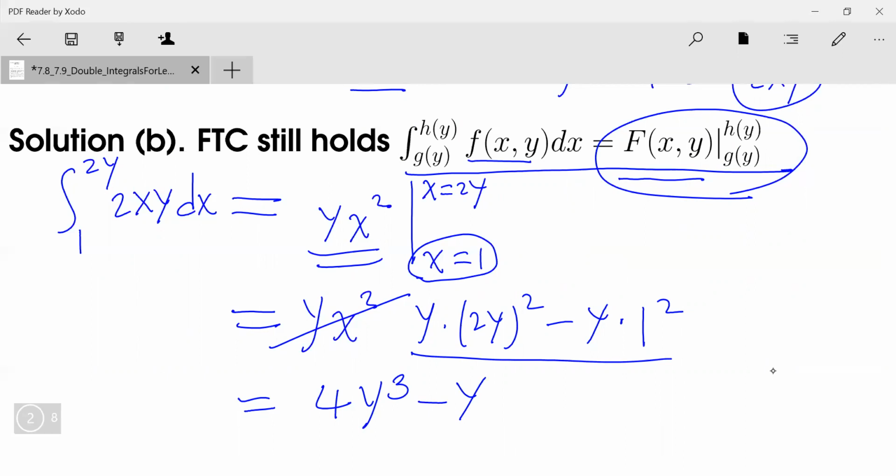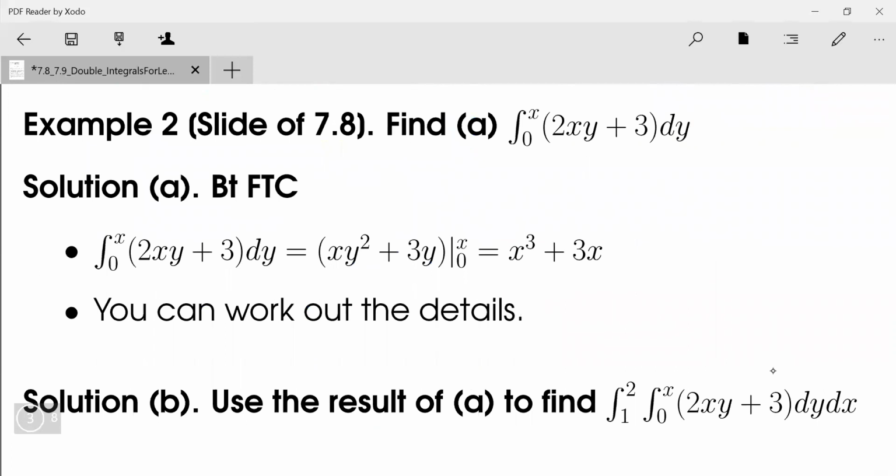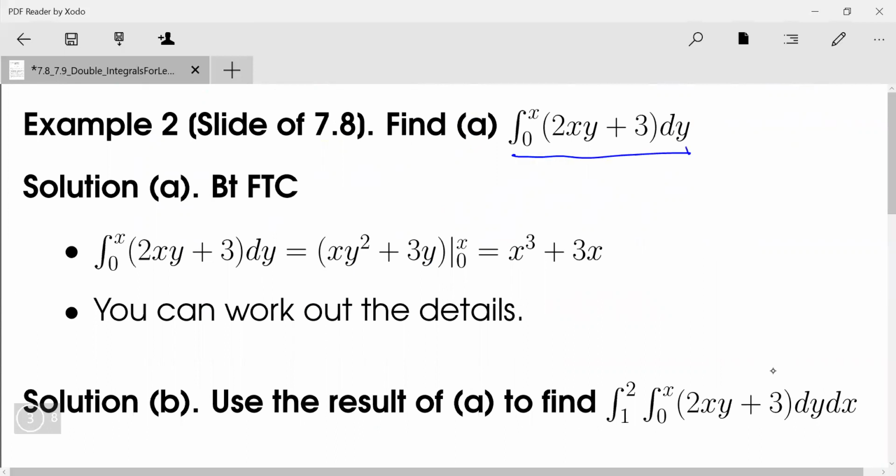Okay, so let's continue. We're going to look at another example. In this case, the first integral is a definite integral of 2xy plus 3 with respect to y, for y starting from 0 to x.